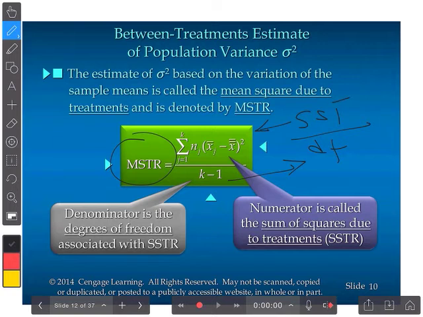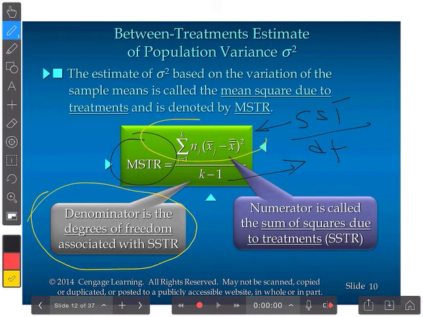So that is the between treatments estimate of the population variance, MSTR. The denominator, as we can see here, is the degrees of freedom, and the numerator is called the sum of squares due to treatments. All right. So that's how we get the between treatments estimate of the population variance.